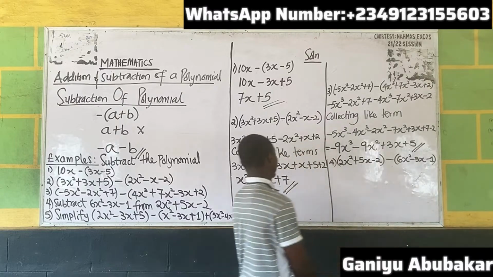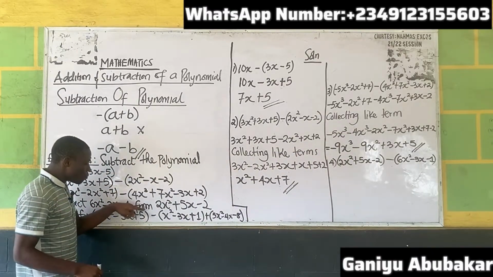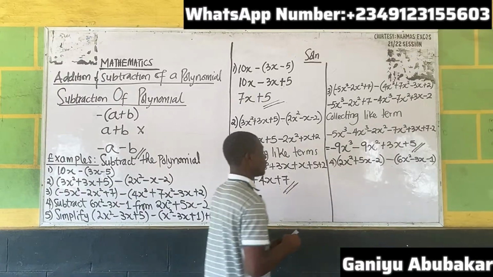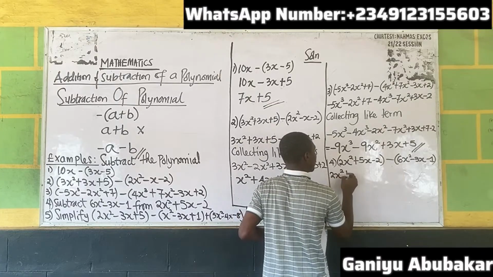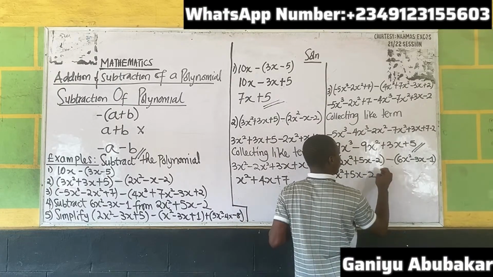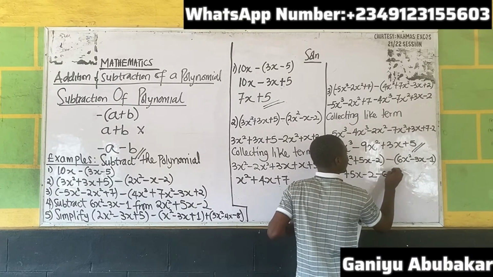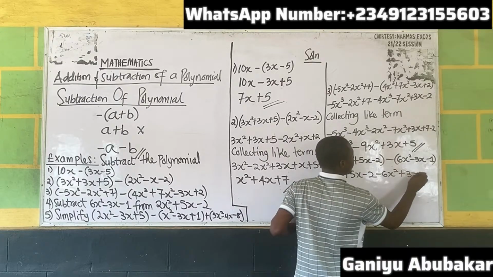It says subtract this value from this one here, right? So first is first. We said repeat this one down. That's 2x squared plus 5x minus 2. Negative expands through. Minus times 6x squared gives you minus 6x squared. Minus times minus 3x gives you plus 3x.